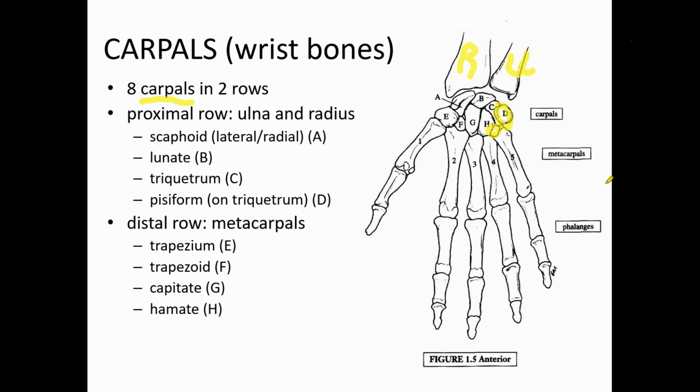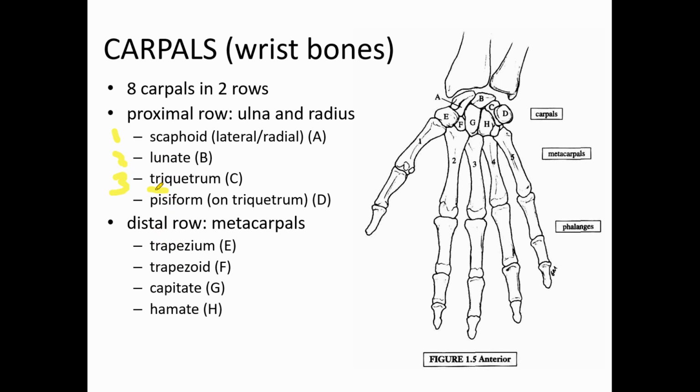Now we need a way to remember this, right? The problem is we have a few words that start with the letter T. But if we look, there's only one that has try in it. The other two have trap. Try means 3, and look, it's the third one, right on.